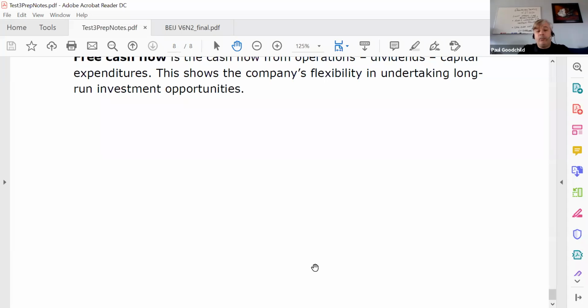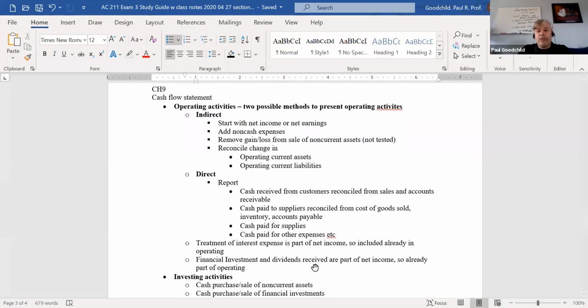So the question I got was, are you going to have to calculate the indirect method? And it is quite possible that you will have to calculate a portion of the indirect method. So they'll give you some accounts and ask you, what are the cash flows that would be reported in indirect?